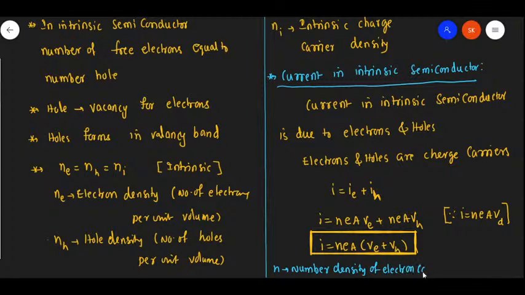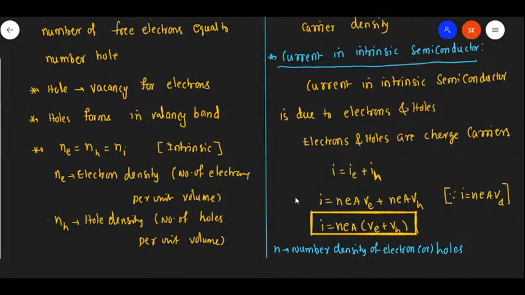How many electrons are there per unit volume? How many holes are there per unit volume? That is called small n. e is the electron charge. A is the area of cross section. You take the screenshot and note it.